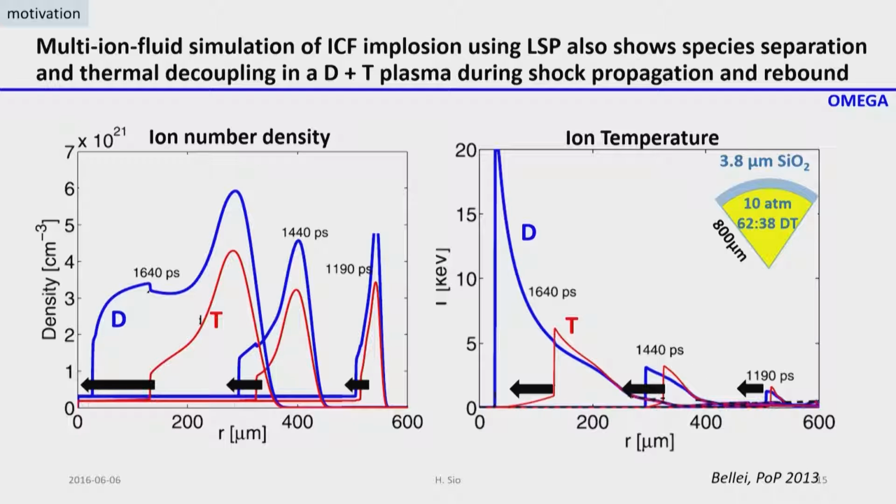What I mean is that for this ICF implosion, you're looking at the density and temperature profiles as the shock propagates inward, toward the left-hand side. And what you see is that as the shock propagates inward more and more, you see separation between the deuterium ions and the tritium ions in space, and you also see a difference in their temperature profiles.